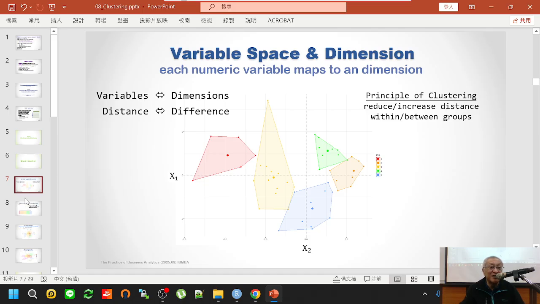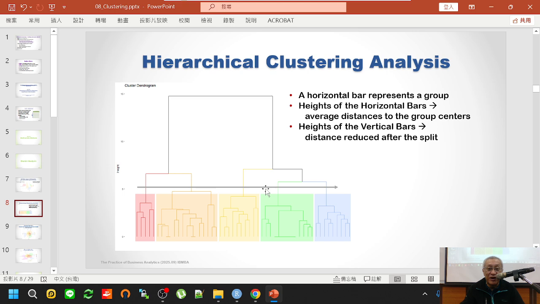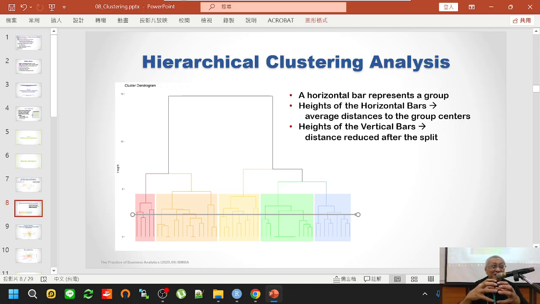If I divide the subjects into a lot of groups, for example, maybe more than 10 groups, okay? The members within each group are actually more similar.